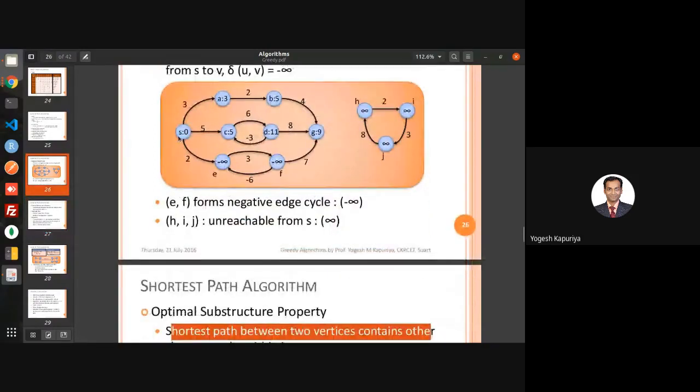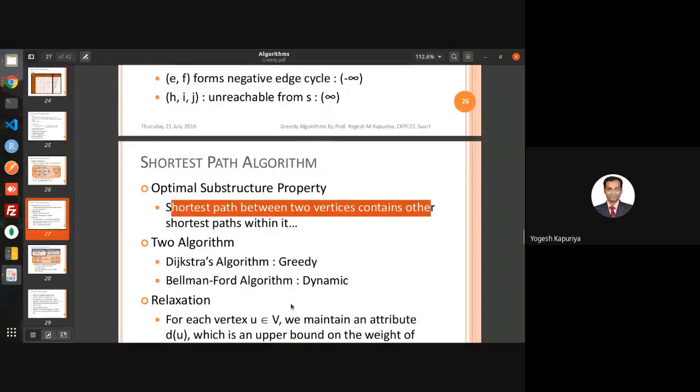So if you can find something which is shortest between S to D, then when you are computing for S to G, you have the shortest path between S to D, and then you find the shortest path between D to G. This is why it is called an optimal substructure property. It's a greedy property, we know that.